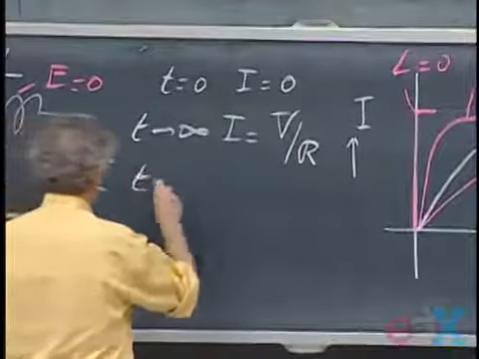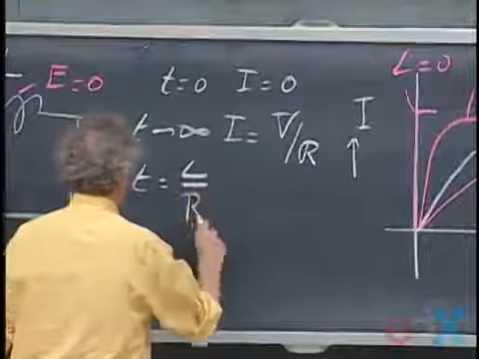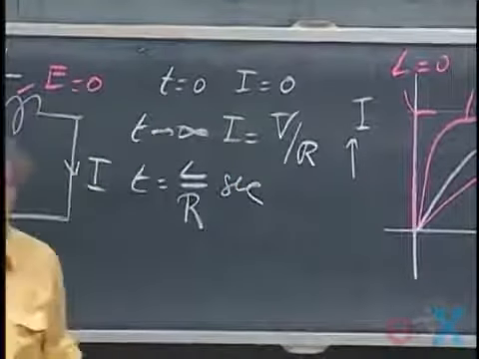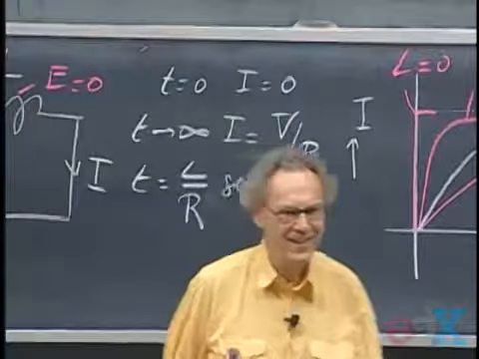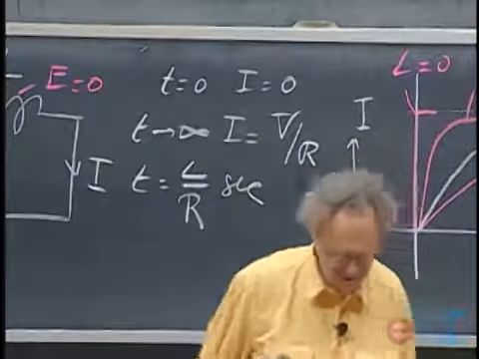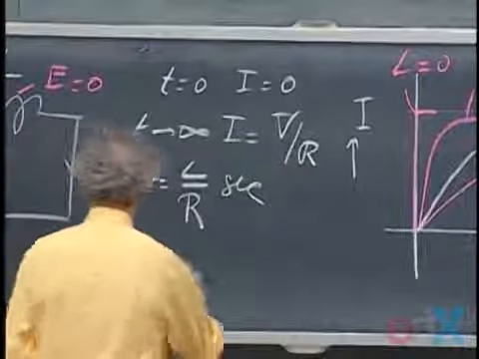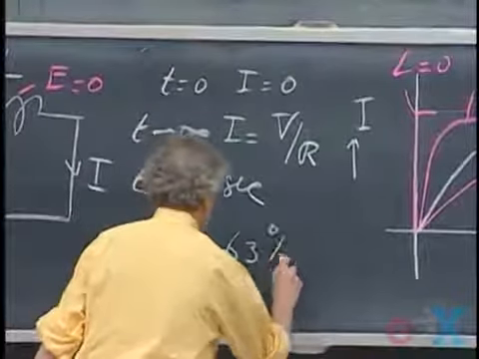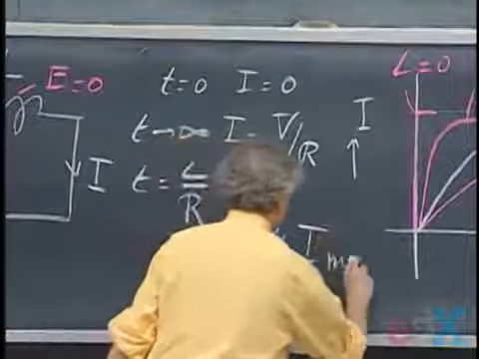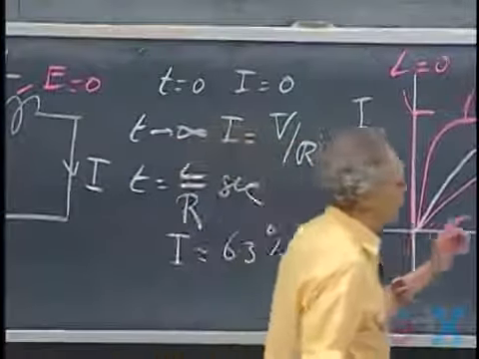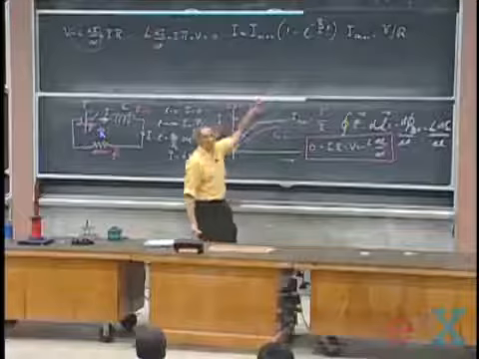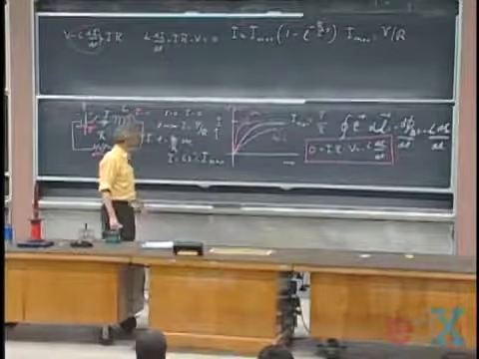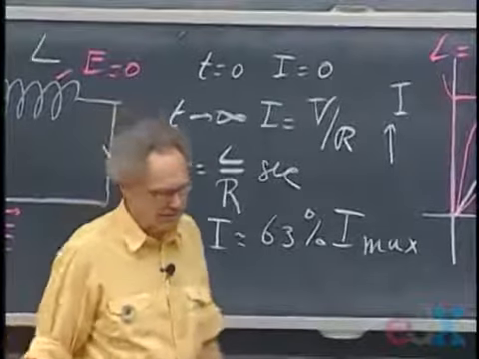If you wait L over R seconds, and believe it or not, if you have some time, convince yourself that L over R as a unit is seconds, then the current I is about 63% of Imax. Because if t is L over R, then you get 1 minus 1 divided by e, and that is about 0.63.